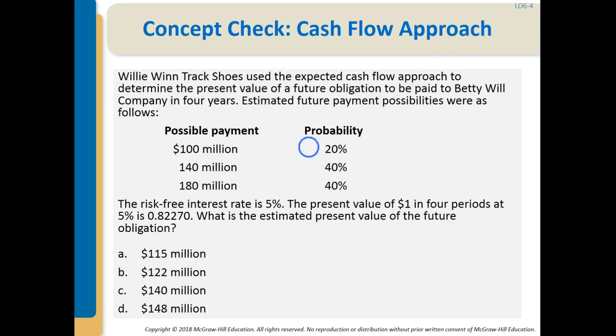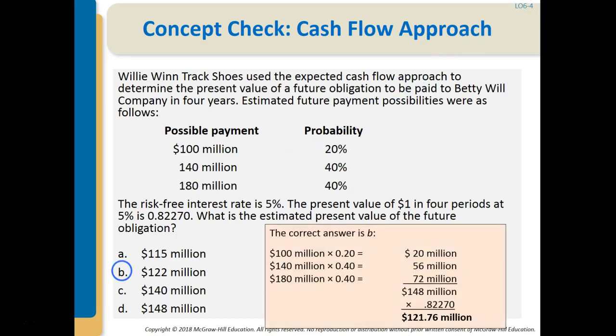Basically what we'll do here is take our probabilities. 100 million at 20% is 20 million. 140 at 40% is 56. 180 million at 40% is 72. So we total those to come up with a $148 million payment, times the present value factor of 0.82270.